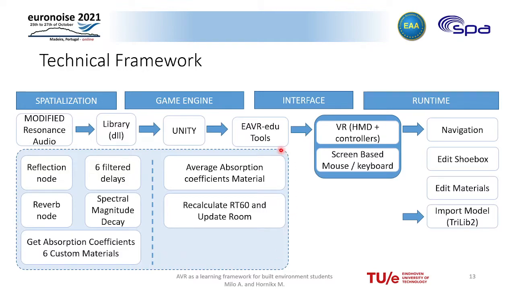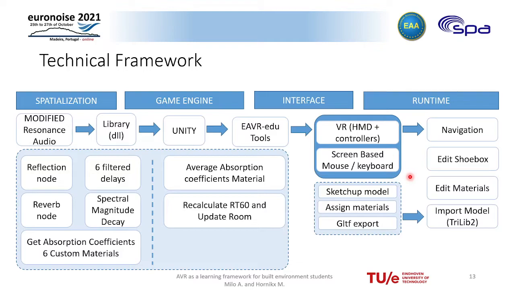In Unity we also introduced, besides the entire Edu tools functionalities, the possibility to calculate average absorption coefficients that are then applied to the 6 filter delays, and we also introduced a recalculation procedure to retrieve the reverberation time values, which are then used by the spectral magnitude decay procedure. At runtime, we explore the room, we edit the shoebox, and we can import the model.